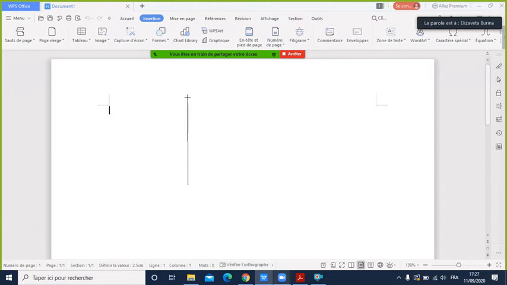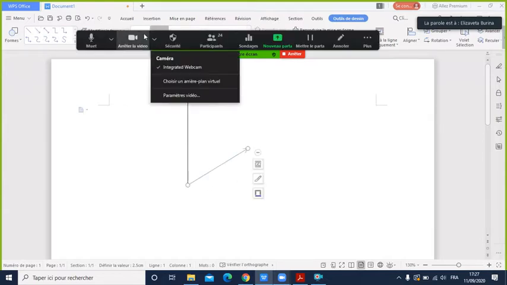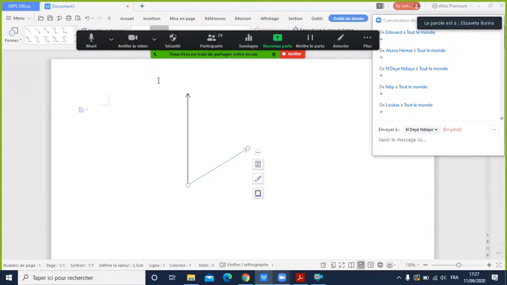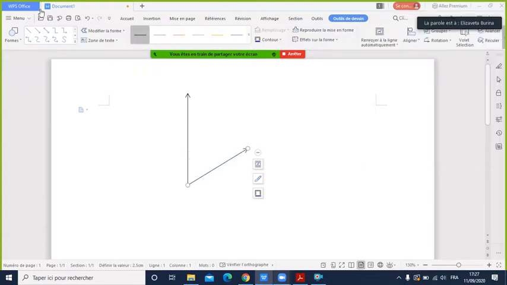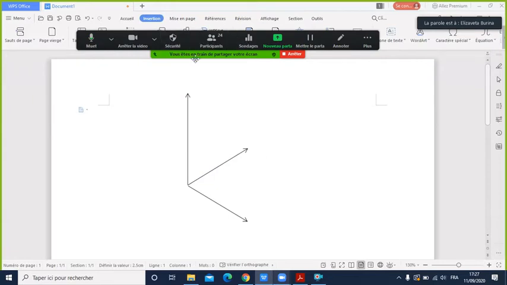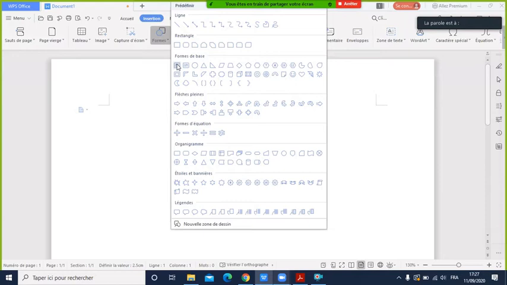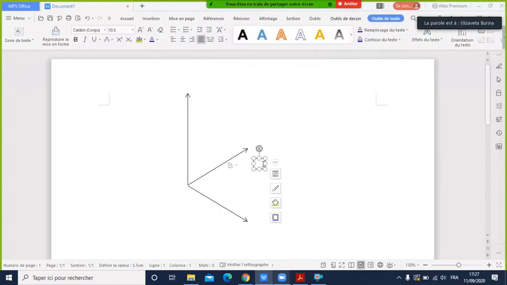And let's create a three-dimensional space. Okay, so this will be x.